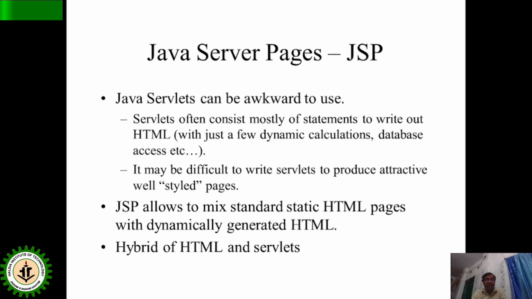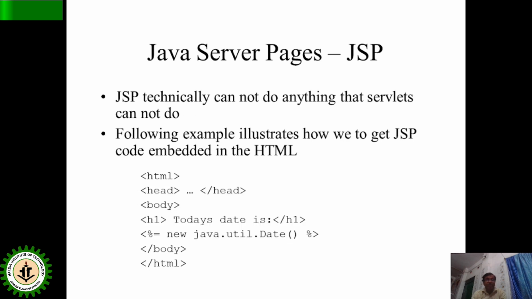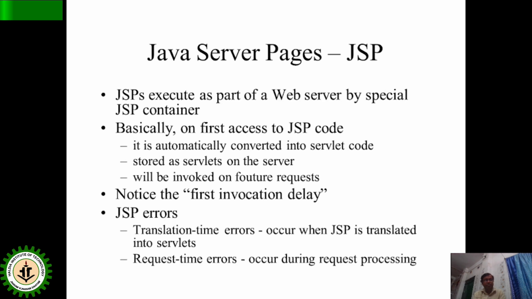JSP allows you to maximize standard static HTML pages into dynamically generated HTML pages. In this page, the standard servlet JSP page is displayed. The HTML files are there, and java.util.Date will display the date in the HTML file.